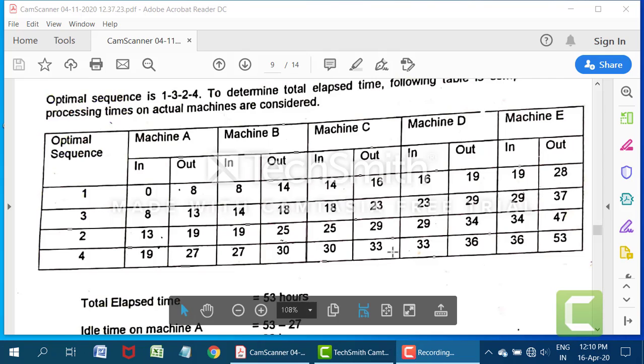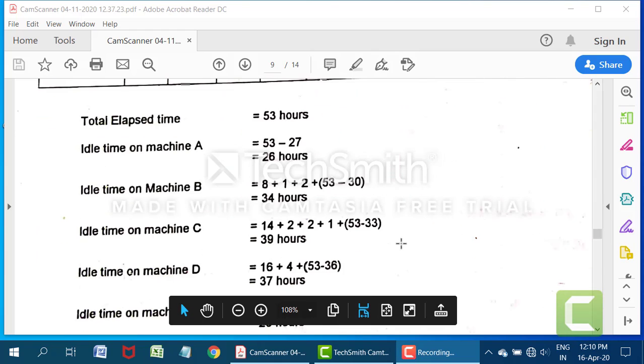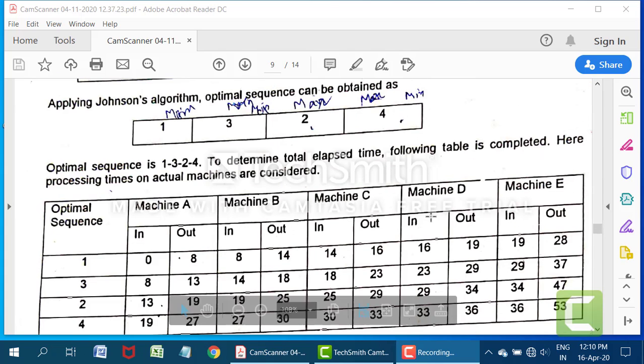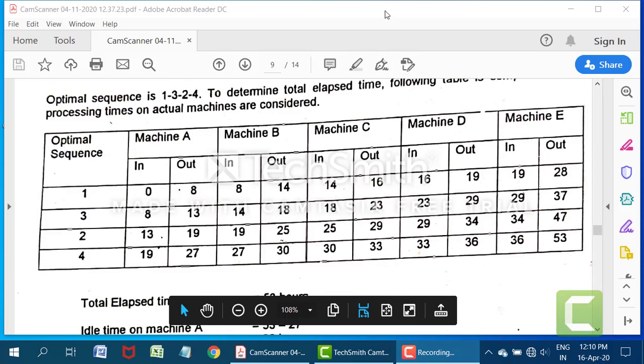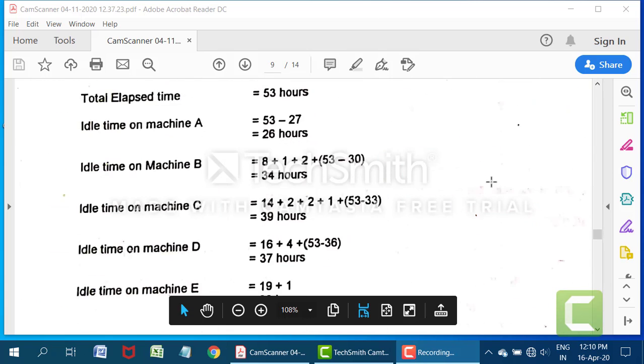So from 33 to 53, another 20 hours it was idle. So the total idle time on the machine is 14 plus 2 plus 2 plus 1 plus 20 hours, altogether 39 hours. Like that, idle times must be computed on machine D and machine E also.